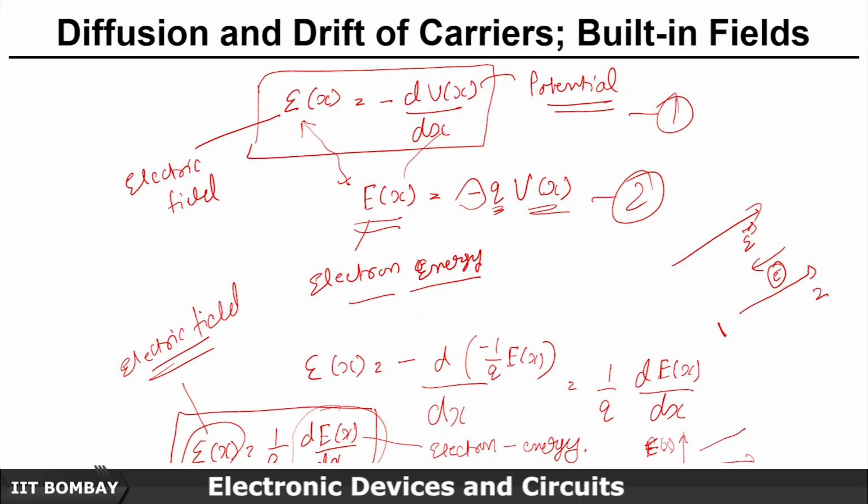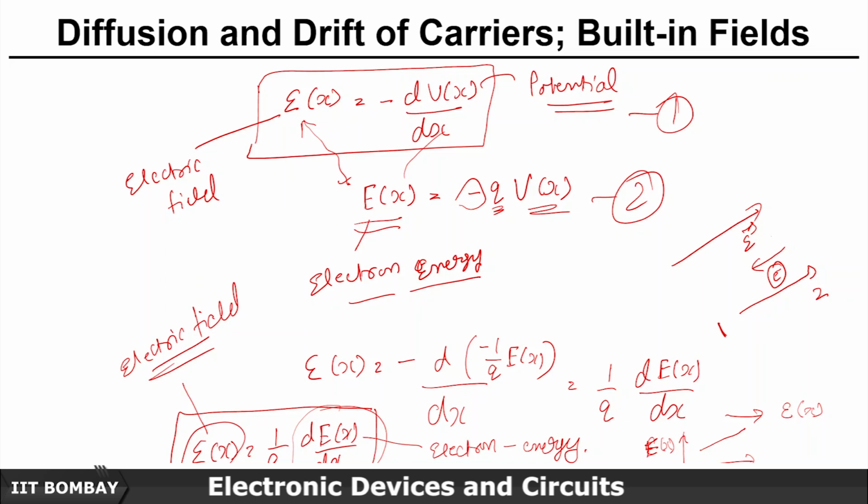So the electric field will be in this direction with some magnitude, assuming the rate of change is constant. Assuming it is linearly changing, it will have some magnitude with a positive value. So the electric field is in this direction.